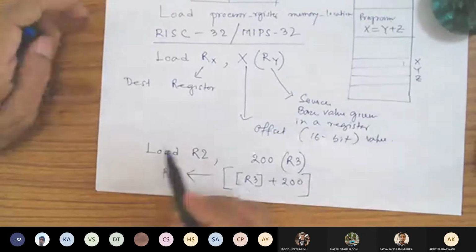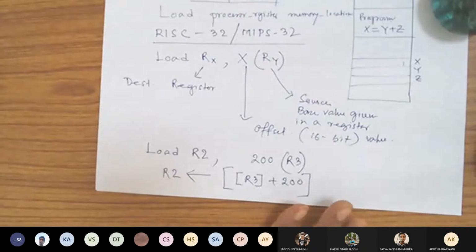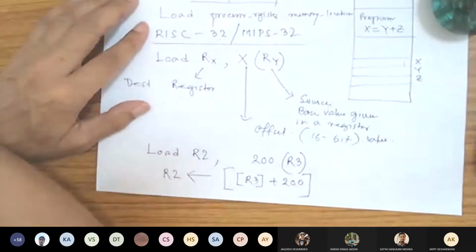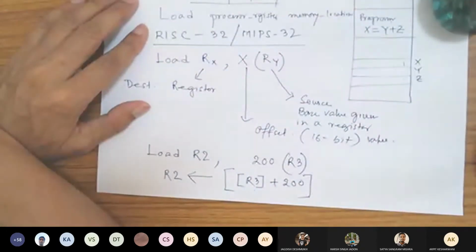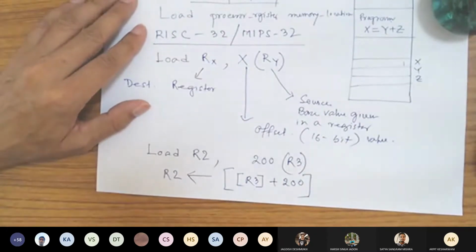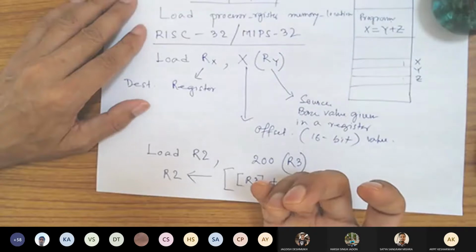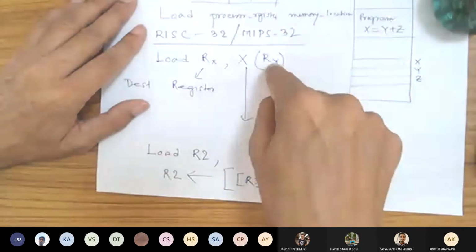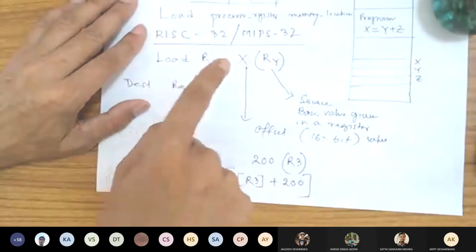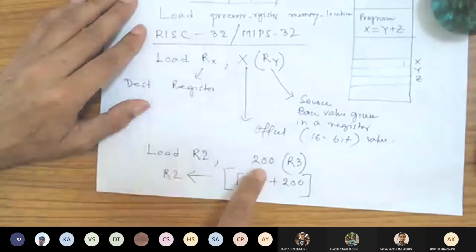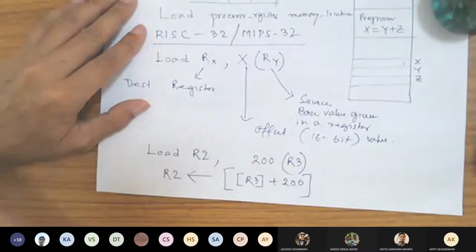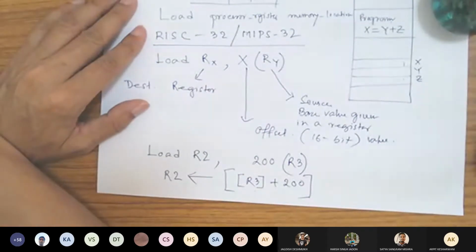So you can probably now guess why we have used this indirect mode. There is a reason for it. Often we use arrays. So R3 can be the base address of the array, and with the help of X, we can mention the offset.